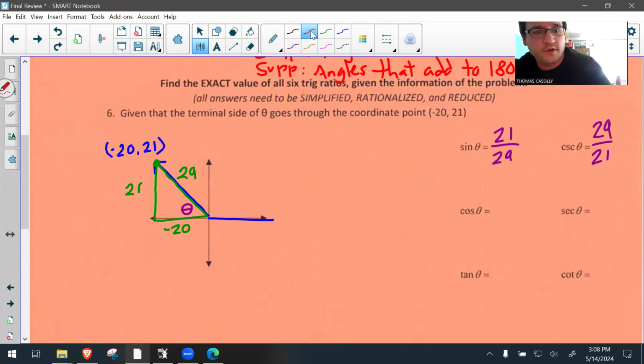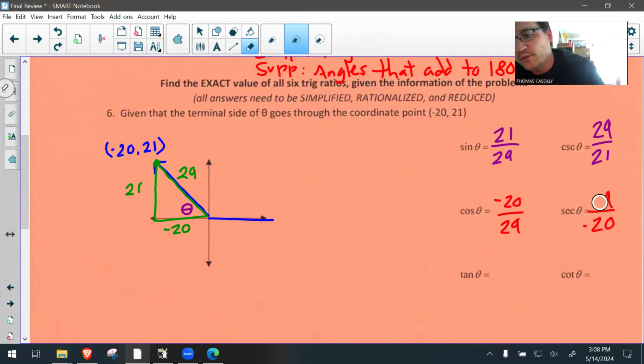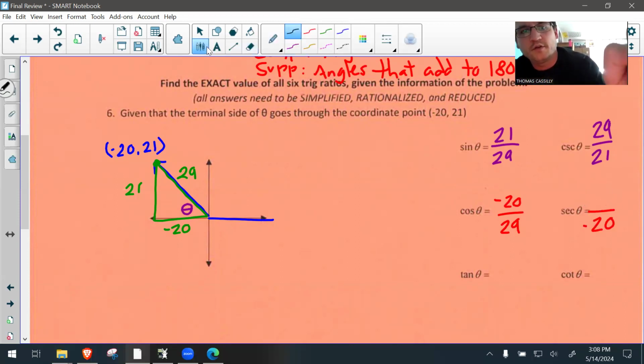All right, and then the next one, you got the cosine, which is the adjacent over the hypotenuse. So negative 20 over 29, right? So this is where that negative does come into play. So just something to be careful about. Flip it over. 29 over negative 20. Doesn't matter that the negative's on the bottom. Generally, we put it on the top. But as long as the fraction's negative, that's kind of what we are after.